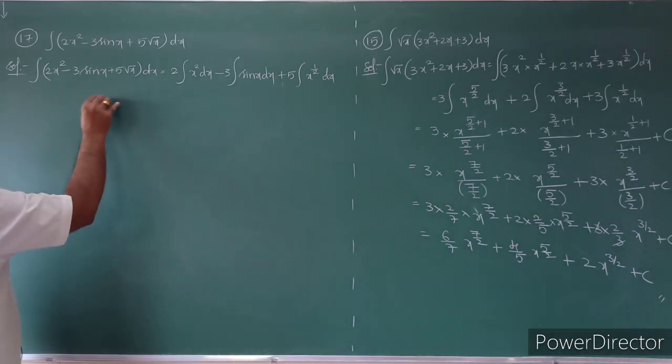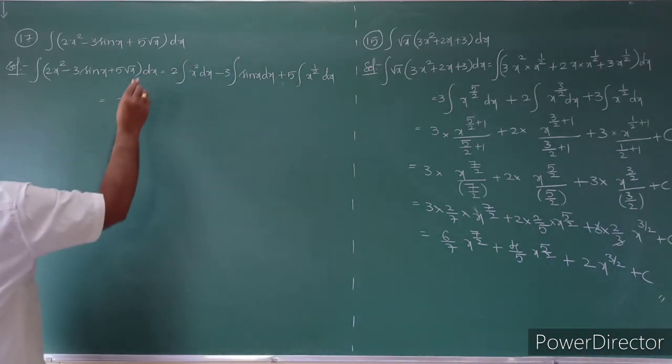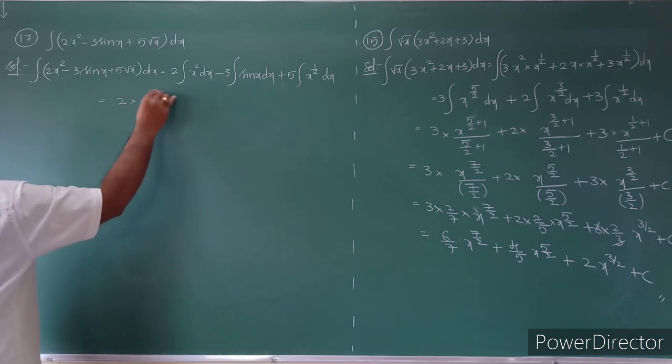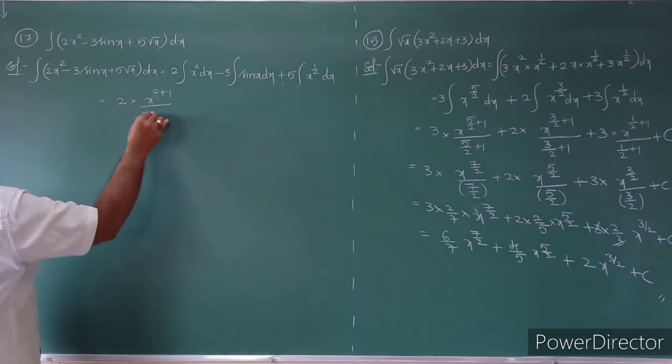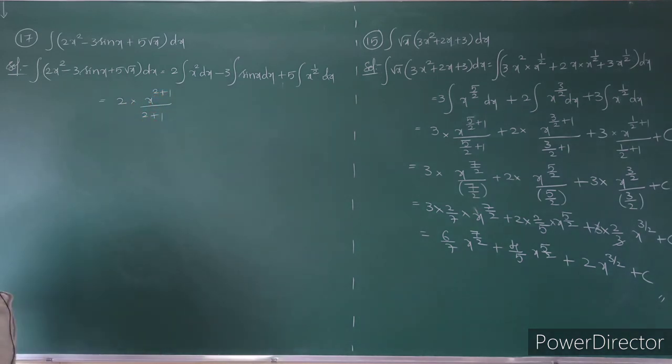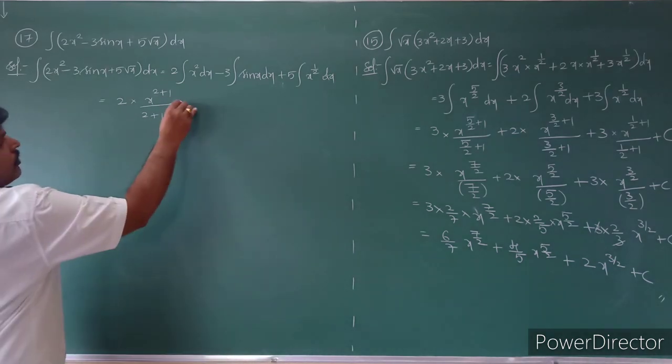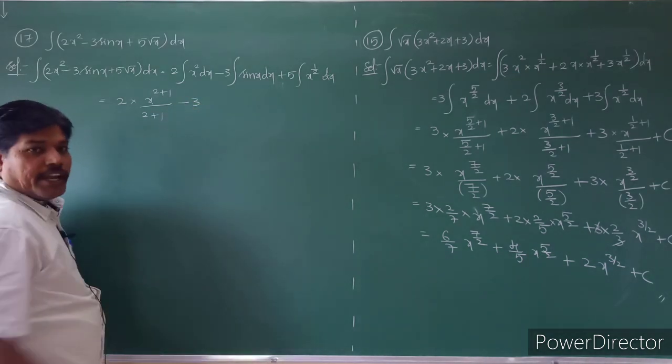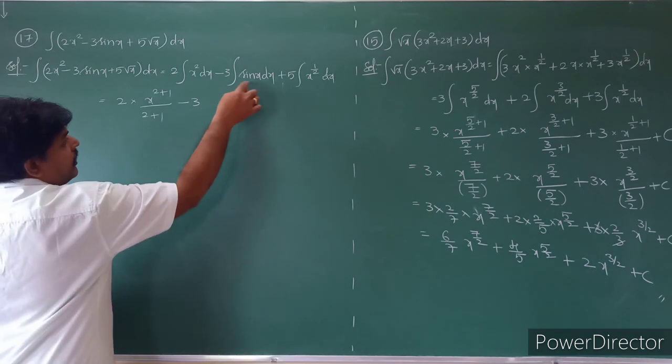So that is equal to 2 into x square. X square is nothing but x power 2 plus 1 by 2 plus 1, x power n plus 1 by n plus 1, minus 3 into integral of sin x.